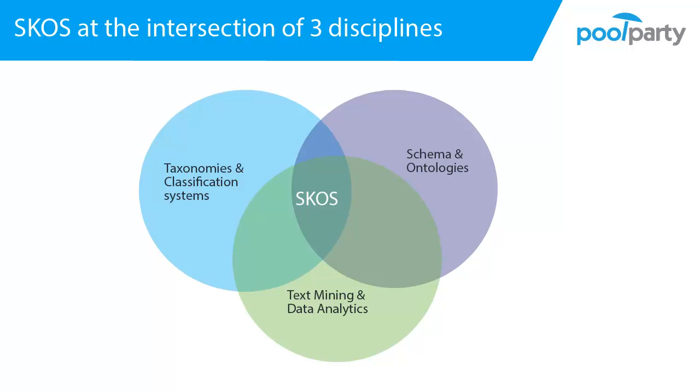With SKOS you can build taxonomies, but you can also progress towards more sophisticated knowledge models such as schemes and ontologies. And when you have a knowledge model in place, you can run very precise text mining and data analytics operations. PoolParty covers all of these three domains and you will learn how to work with them in this e-learning program.